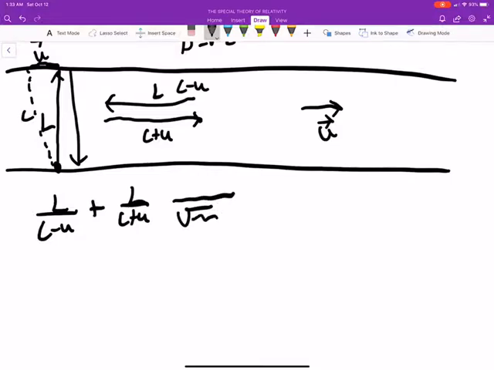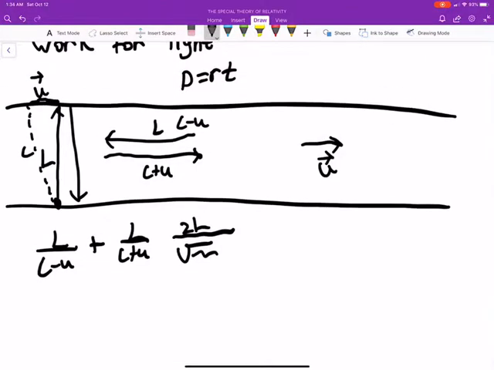Square root of something over something. I think it was like 2L over whatever it was. It was the exact same thing. So what I'm saying is this gave the exact same thing as this, except this part had a square root in the denominator, which means you're going to have a smaller denominator. And if you have a smaller denominator, you're going to have a bigger number, right?